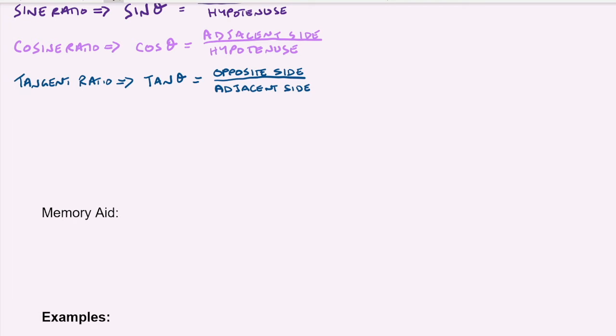I think it sounds a little bit like the name of a volcano because it kind of rhymes with Mount Krakatoa, but I like to call it Mount Sohcahtoa. It's Sohcahtoa, and it just literally means sine, opposite, hypotenuse.